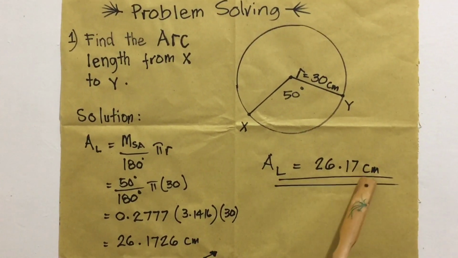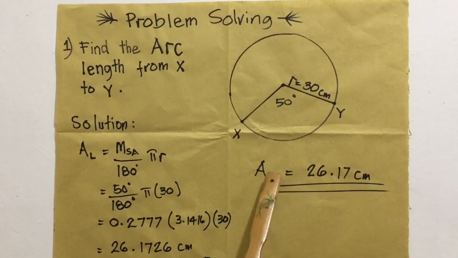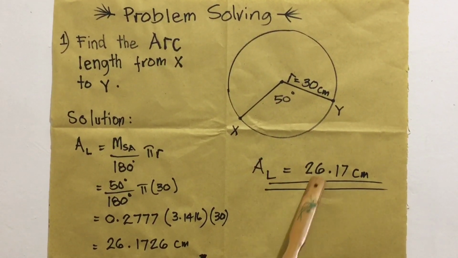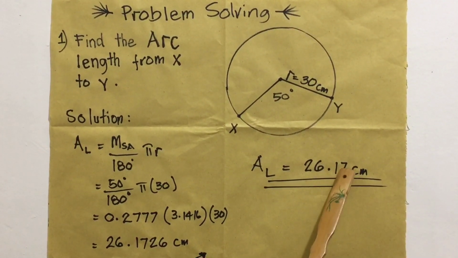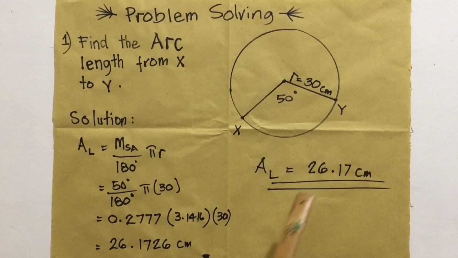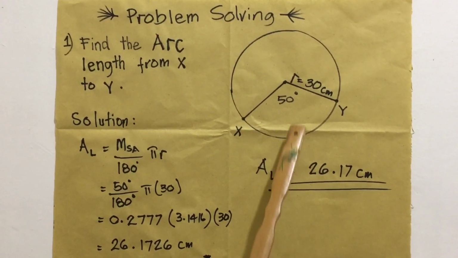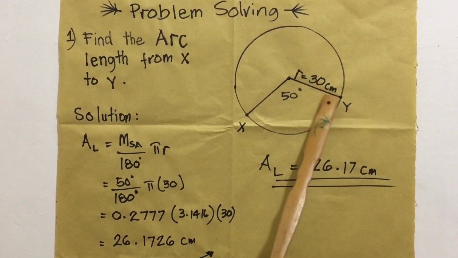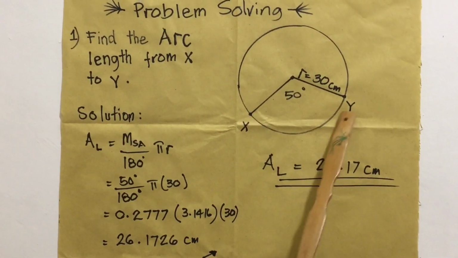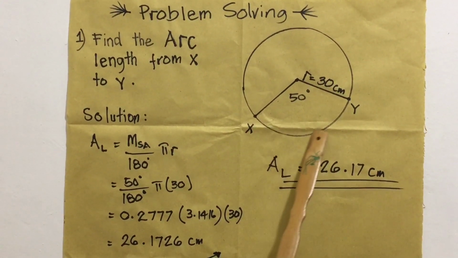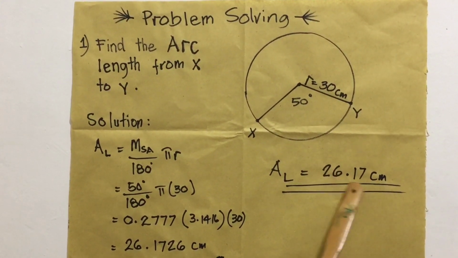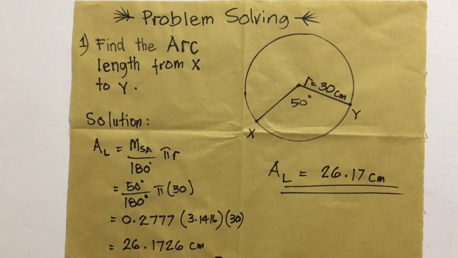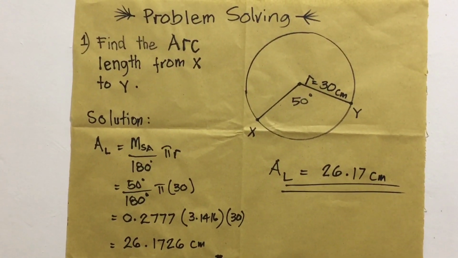And for two decimal places, our final answer will be arc length equals 26.17 centimeter. So the arc length now of 50 degrees with 30 centimeter radius from x to y, ang distansya po nito ay 26.17 centimeter. That's for question number 1.